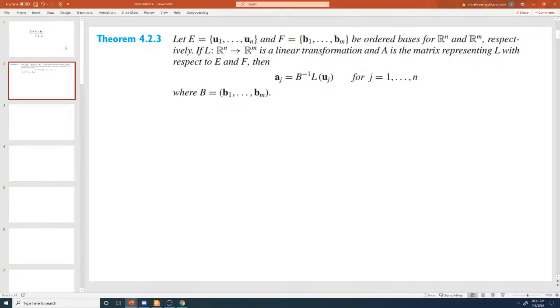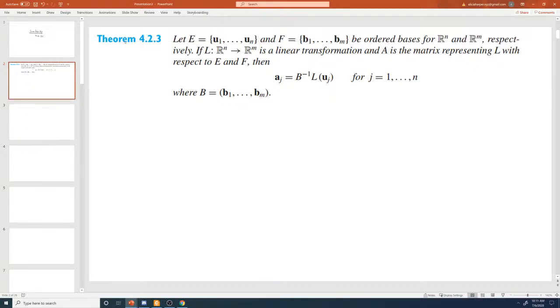So here's the situation. We have an ordered basis, u1 through un for Rn, and an ordered basis b1 through bm for Rm. We have a linear transformation L from Rn to Rm. And what we'd like to find is a matrix A representing L with respect to E and F. So here's what we can do.